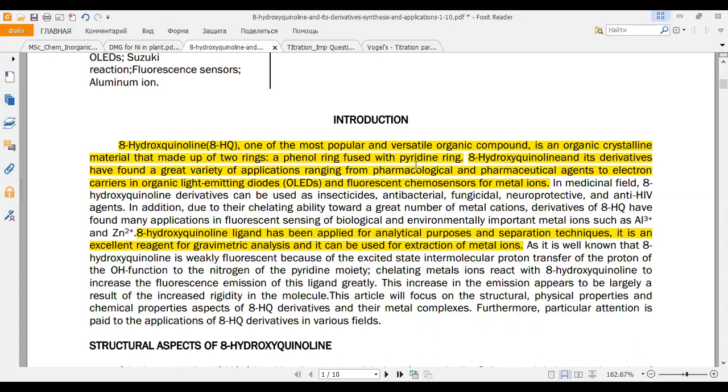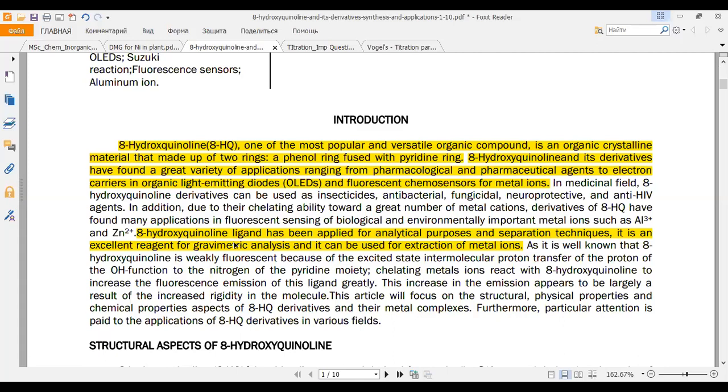Phenol ring means benzene with a hydroxide group, and pyridine is benzene where one carbon is replaced with nitrogen. Okay, 8-hydroxyquinoline and its derivatives have found a great variety of applications, ranging from pharmacological and pharmaceutical agents to electron carriers in organic light emitting diodes, OLED, and fluorescent chemical sensors for metal ions.